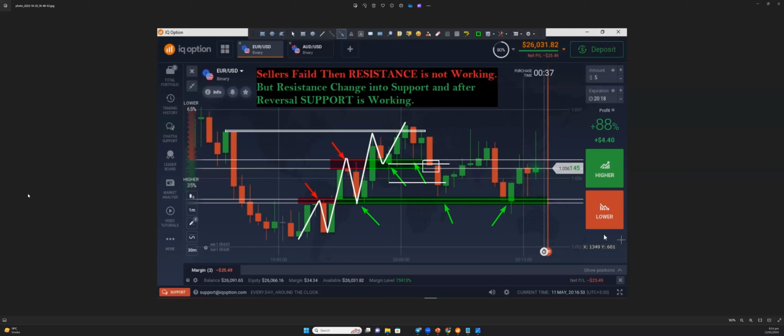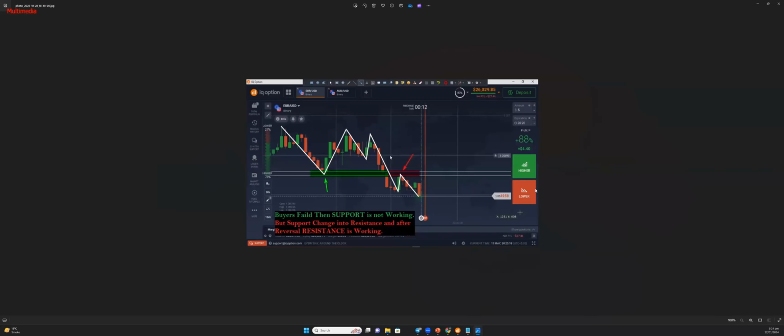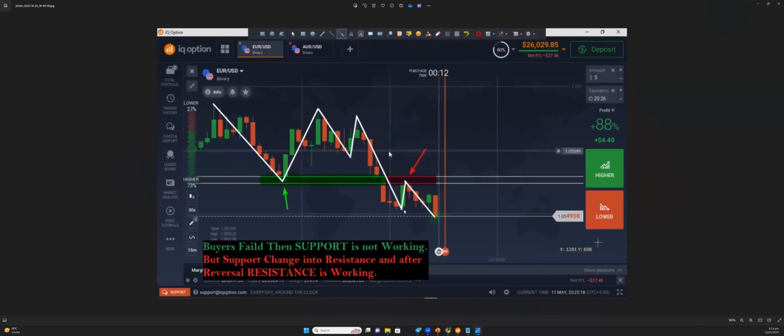Okay. In another example it will be clearer, I'm going to show here. Look here. That support I have identified. Before this support, what happened in the market? If we check, look at the upper resistance level. How many times did buyers try to break this level?